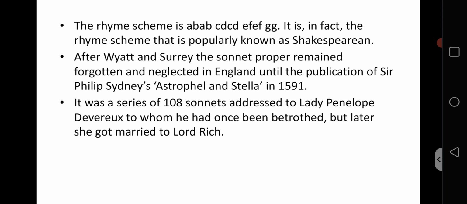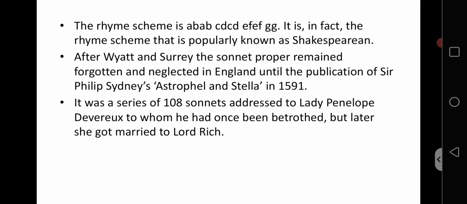So the rhyme scheme is A B A B, C D C D, E F E F, and G G. This rhyme scheme was popularized by William Shakespeare later on, and generally it is known as the Shakespearean sonnet.